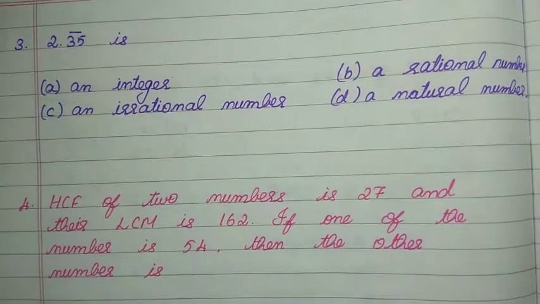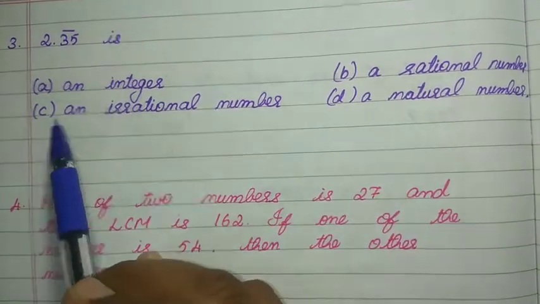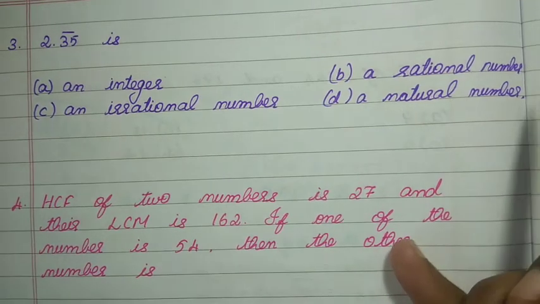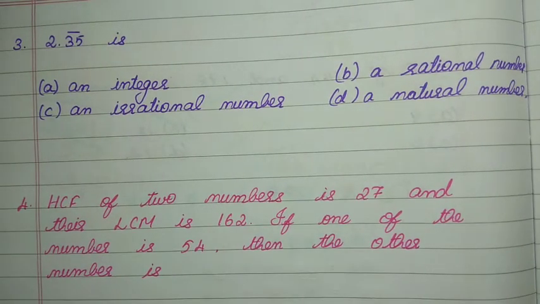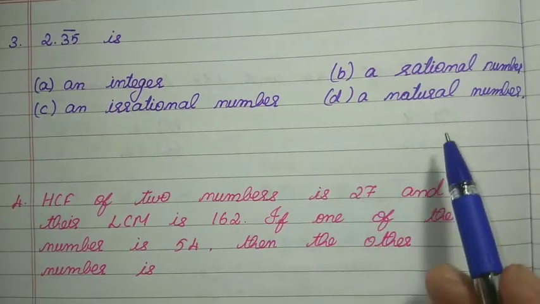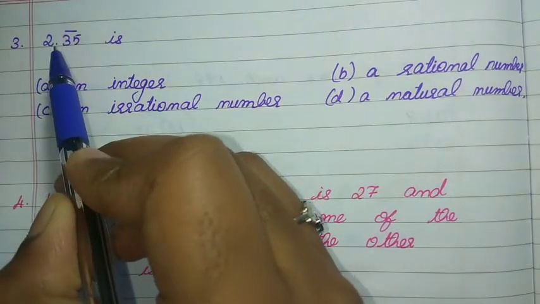Question 3. 2.35 is option A an integer, option B a rational number, option C an irrational number, option D a natural number. Now we have to just check whether the given number is an integer or rational number or irrational or natural number. Here it is of the form decimal.